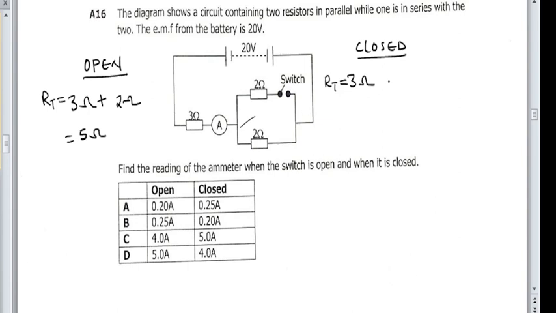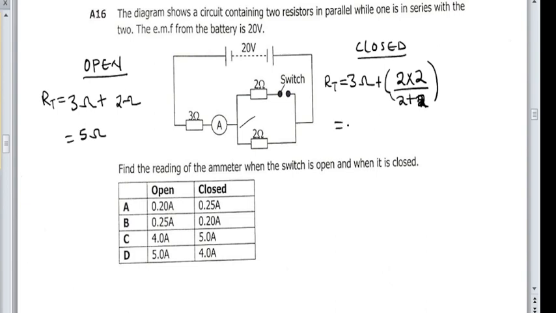So now let's do this. The two resistors which are in parallel, we're going to find them separately first. To find the total resistance for these which are in parallel, you first multiply them, 2 multiplied by 2, then you divide by their sum. Sorry, this is a 2, like that.